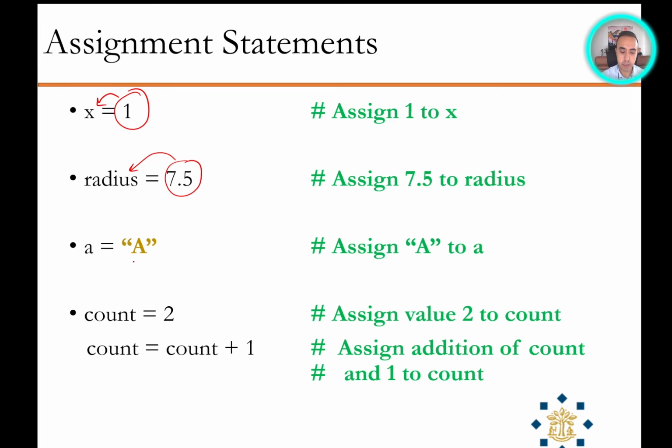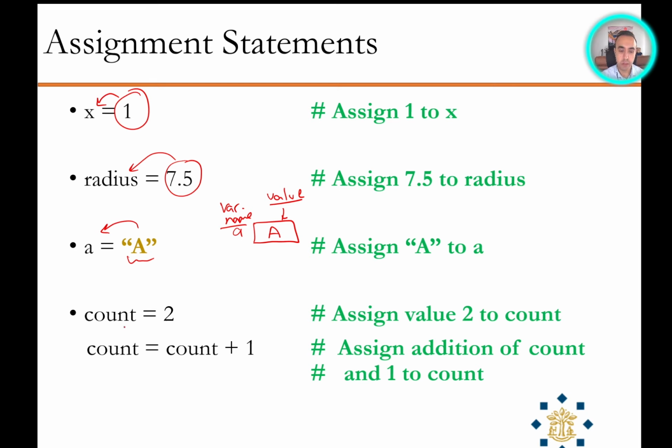We can also assign a string or text, like capital A, that stands for the lowercase letter variable a. So here it's a bad variable naming. It's called a, and inside the box here, this is the variable name a, but this is the value. Okay, so we have capital A as a value, but the variable name is lowercase letter a.